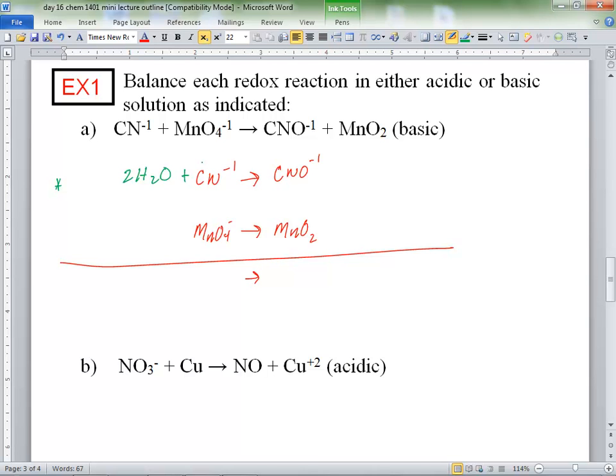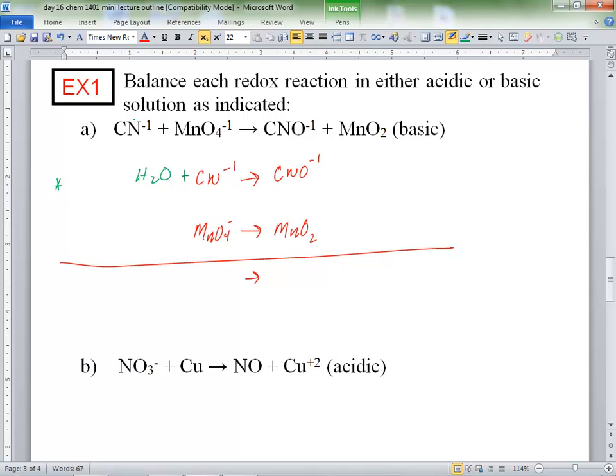Did we add too many waters? Right, we did, because now we have 2 oxygens and all we needed is 1. So it's helpful to do that. Now we have the same number of oxygens on both sides. We just screwed up the hydrogens, though, but you have to do it this way. It's the quickest way to get to the right answer.